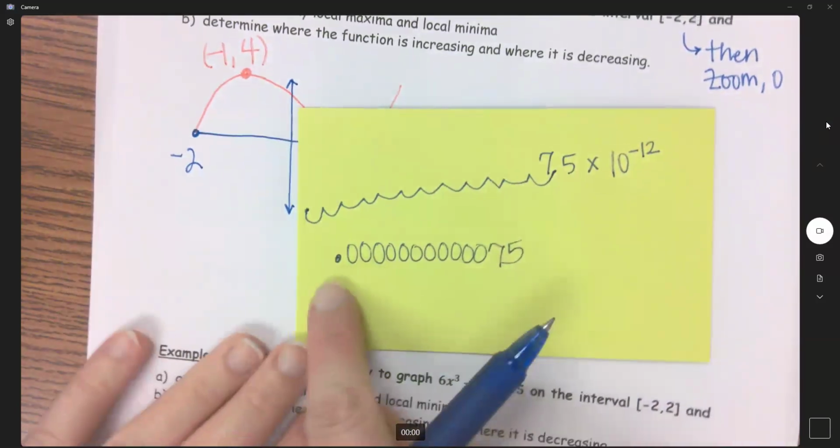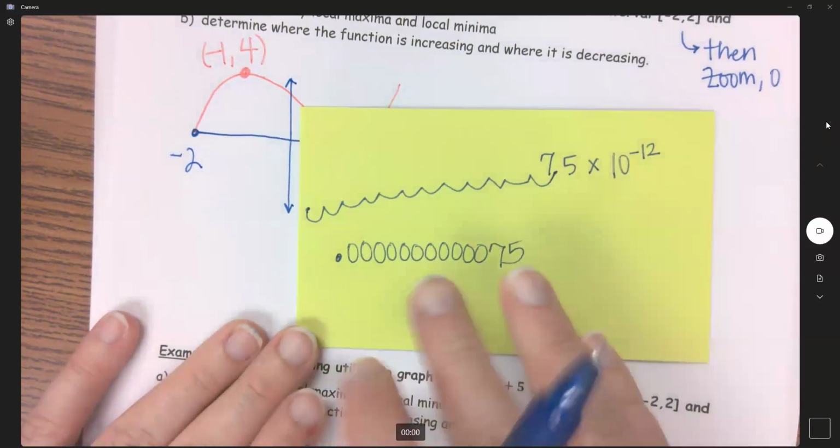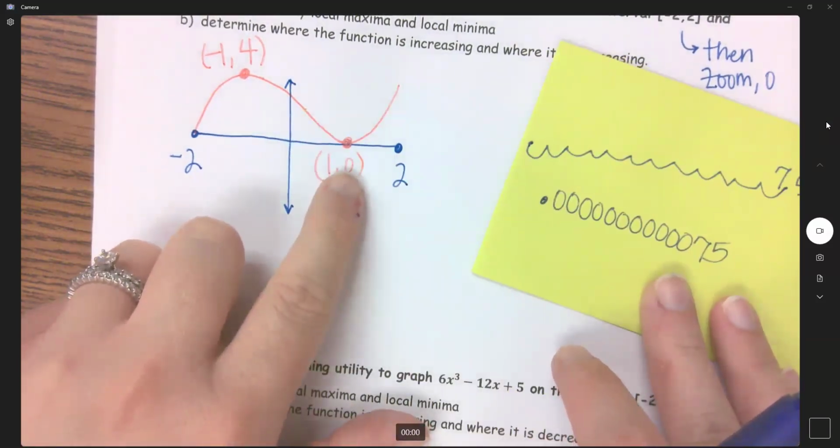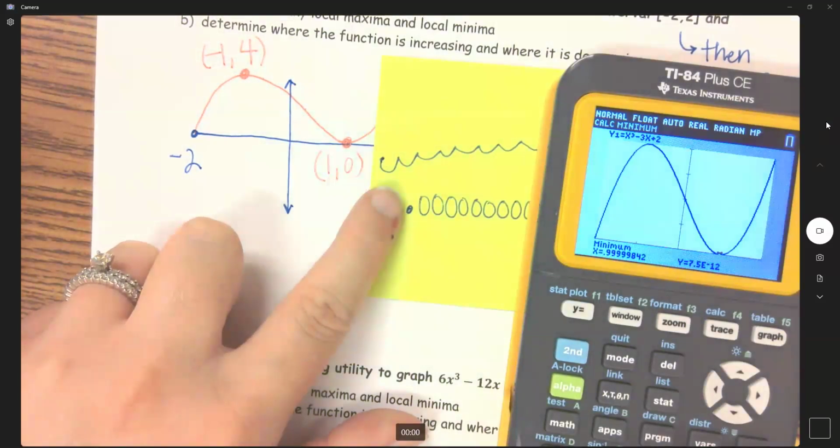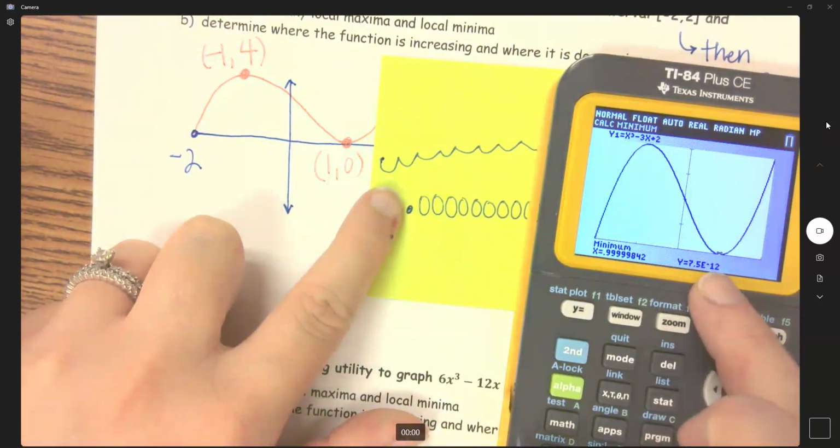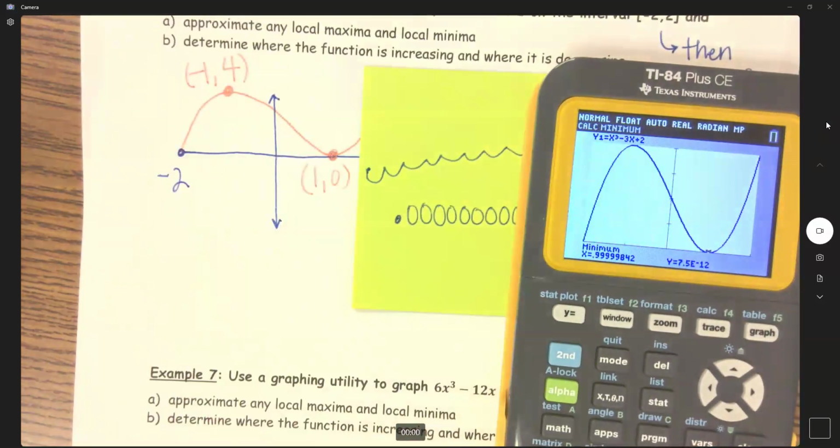What is this number? Really, really close to 0. So when you get a number like this right here, that is basically 0. If you get a number E to any negative number, that is 0.